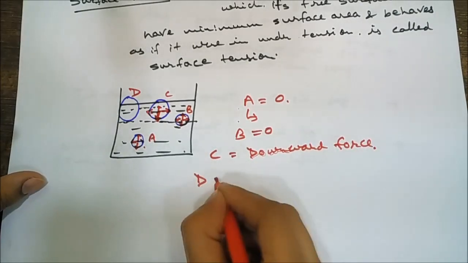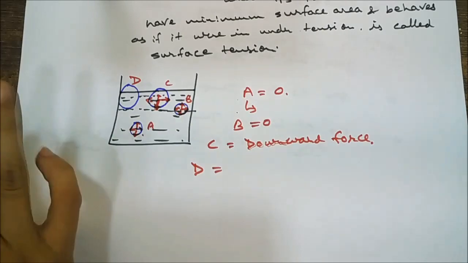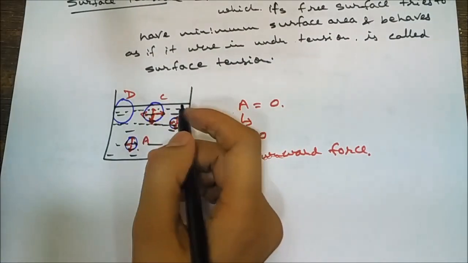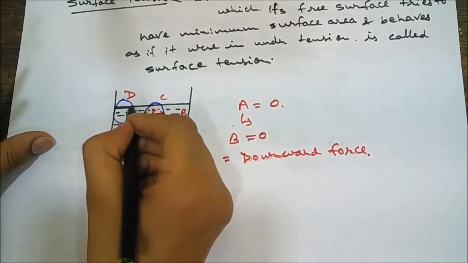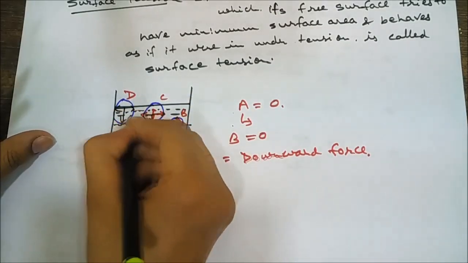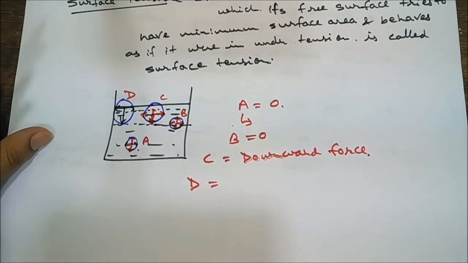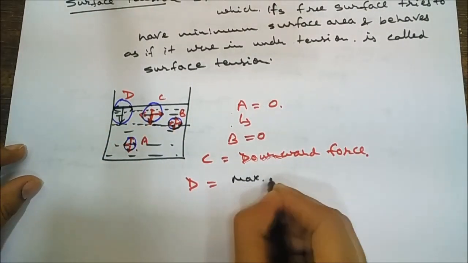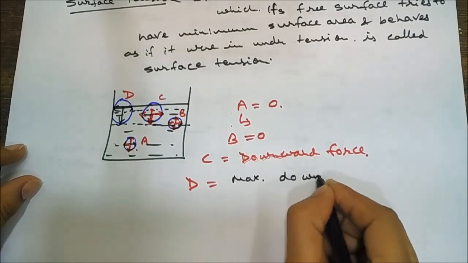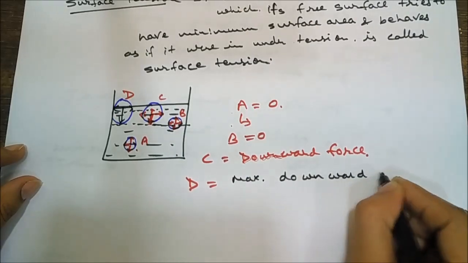For molecule D, it is on the free surface of the liquid, and there is no molecule on the upper half. So maximum downward force is acting.